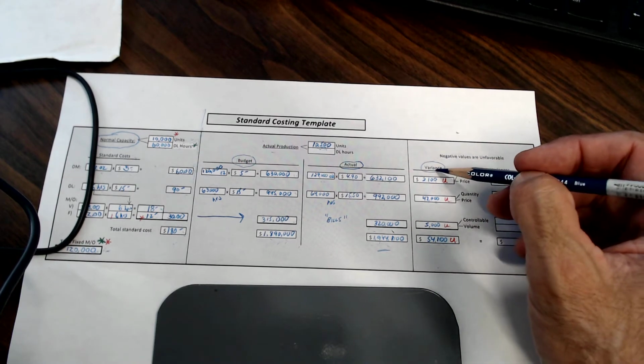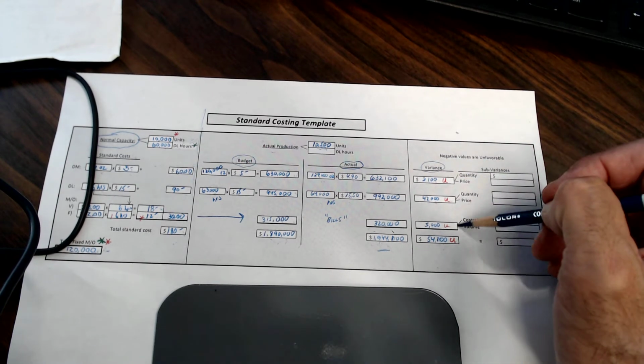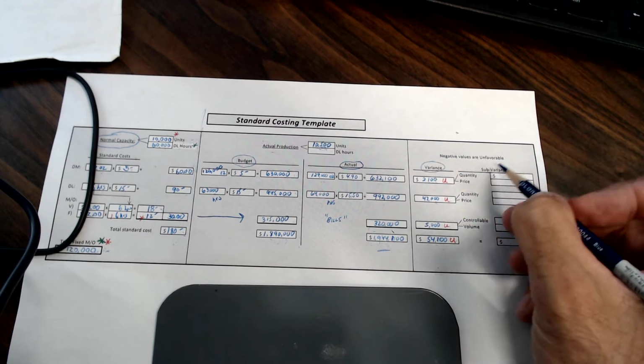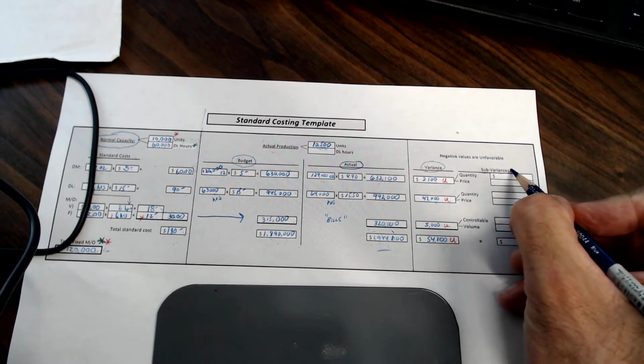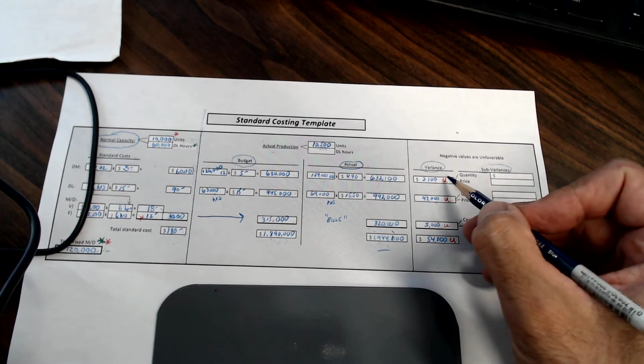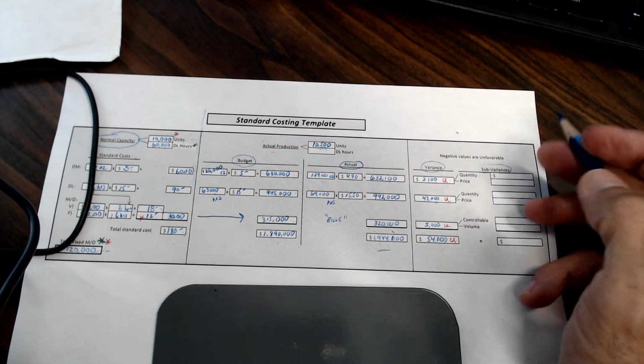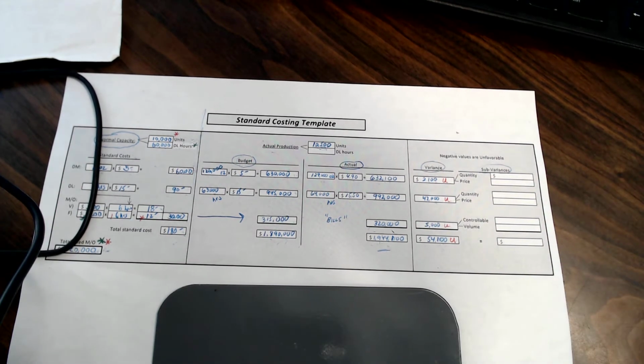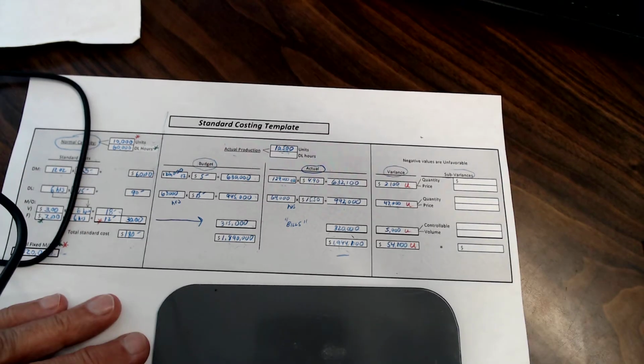We know what the variance was for each one of the product costs, material, labor, and overhead. But now I want to do what I call subvariances. I want to break these variances up into what I call subvariances, and we do that by doing this.